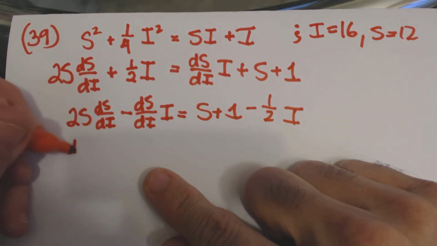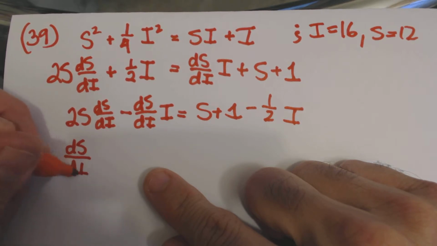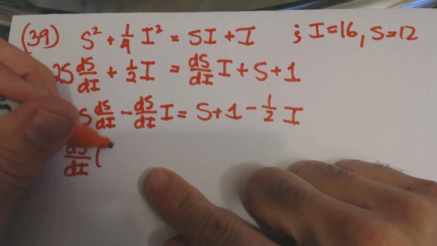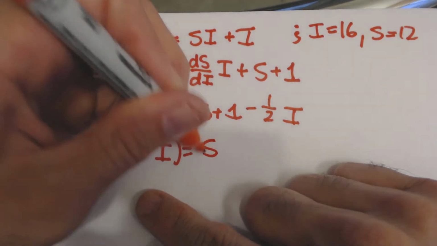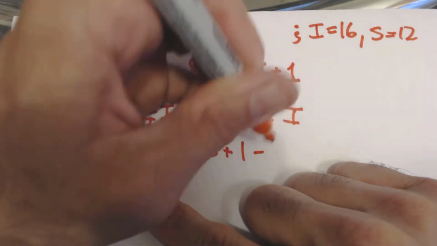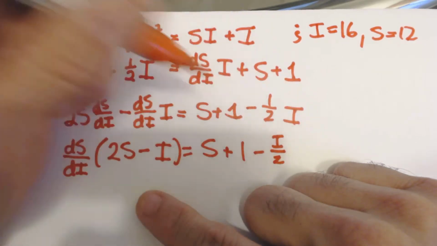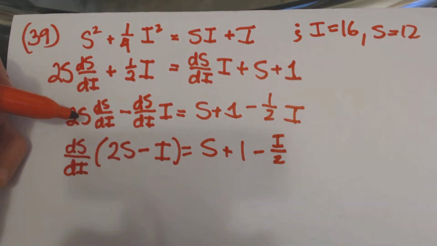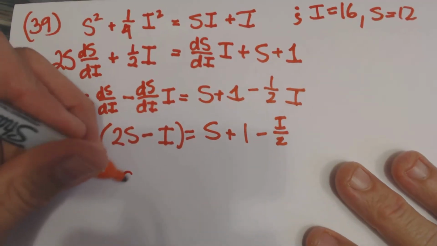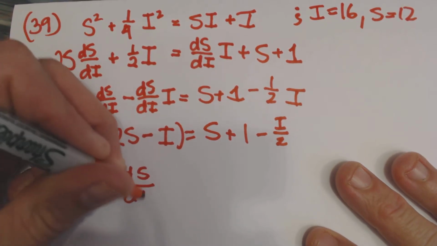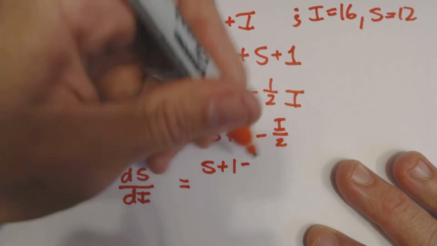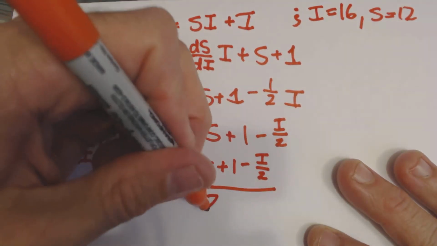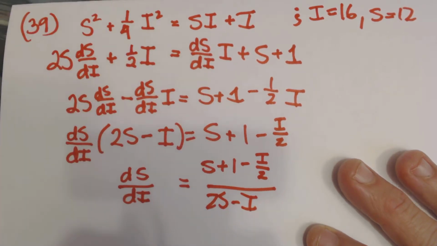Factoring out ds di, the marginal propensity to save, we're left with 2s minus I equals s plus 1 minus I over 2. And then we divide both sides by 2s minus I. We're left with ds di, the marginal propensity to save, equals s plus 1 minus I over 2 over 2s minus I.